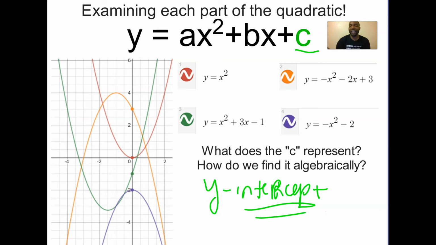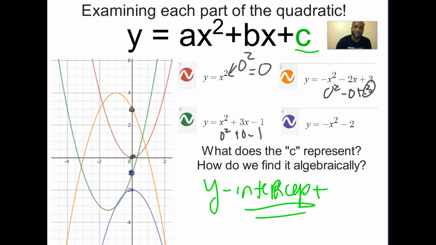If I let x be 0 in all these problems, I get 0 squared, and that's 0. If I say 0 squared minus 2 times 0 plus 3, I get 3. Look at there, 3 is right here. If I say 0 squared plus 3 times 0, which is 0, minus 1, that's -1.